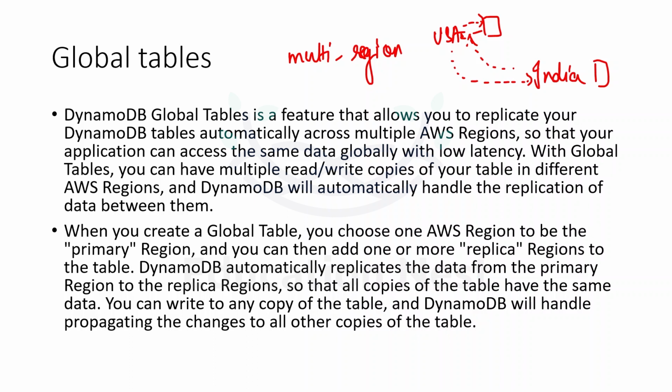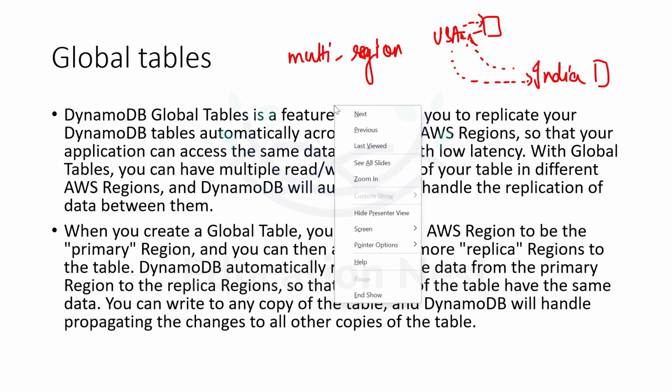And this was the last topic that we had to discuss for DynamoDB as well. So the entire database topic has been covered. We started this particular module with what is a database.